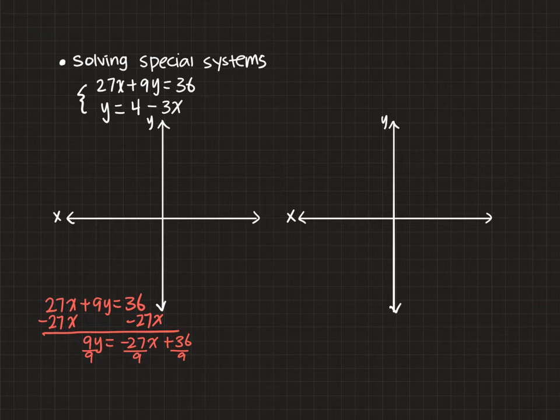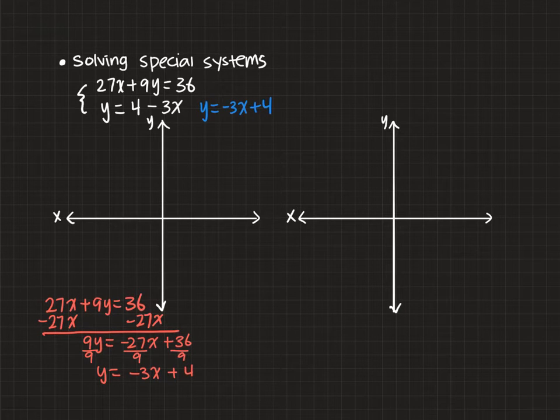If you only do it for the y or only for 36, you're going to have the x with a different slope. So you go ahead and do that, and it comes out as y equals -3x plus 4. The second equation, you had 4 minus 3x, but if you change the order of the x and the number, you end up with y equals -3x plus 4.